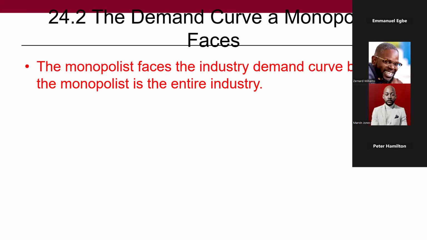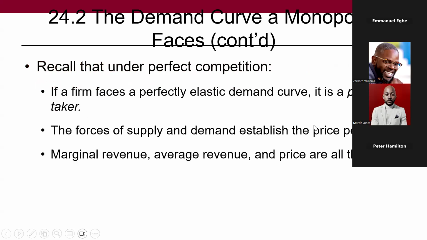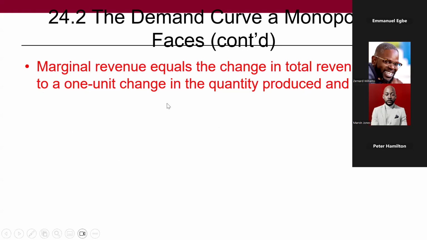Now, the monopolist faces an industry demand curve, in the sense that the monopolist faces a downward sloping demand curve instead of a flat demand curve. I explained earlier that in perfect competition, the firm faces a perfectly elastic demand curve, which is a flat demand curve. And marginal revenue is the same as average revenue, but a monopolist is different.